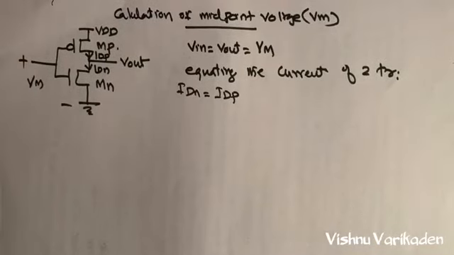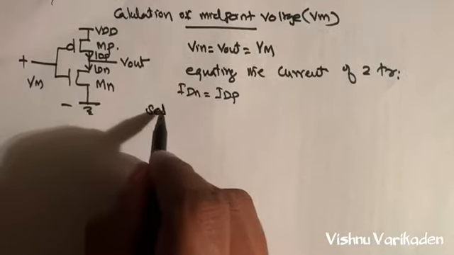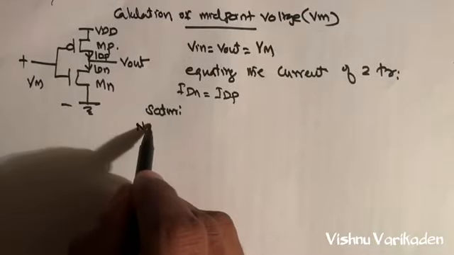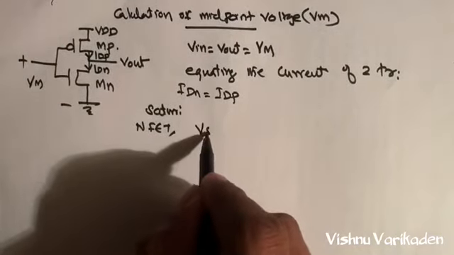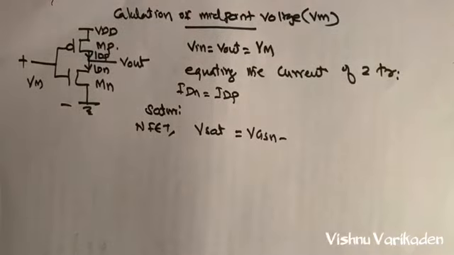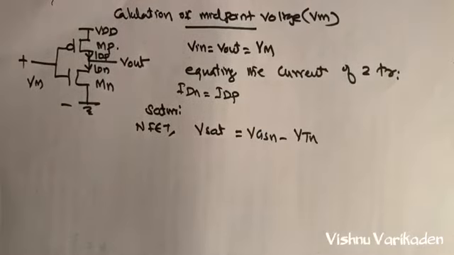Then we need to find the saturation condition of the two transistors. For the NFET, the saturation voltage Vsat is equal to VGSN, the gate-source voltage of the NMOS, minus the threshold voltage of the NMOS transistor, denoted by N.